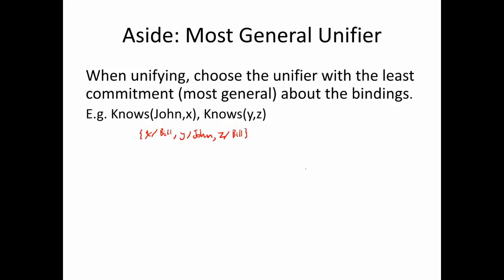Okay, this works. This is a unifier, but it's overly restrictive. A better one, a more general unifier, would be setting X to, say, Z, and then Y to John. So this is the most general unifier.